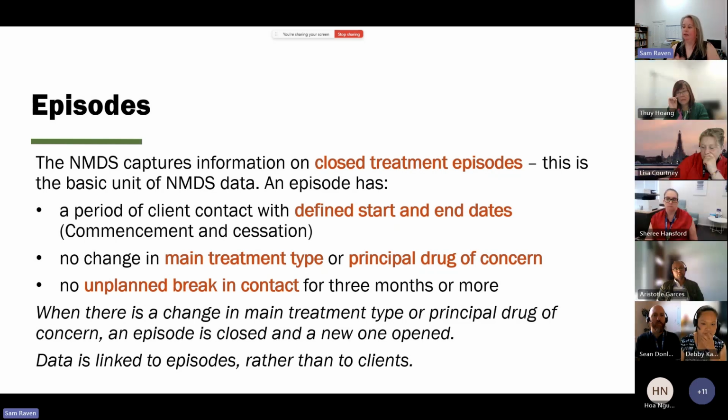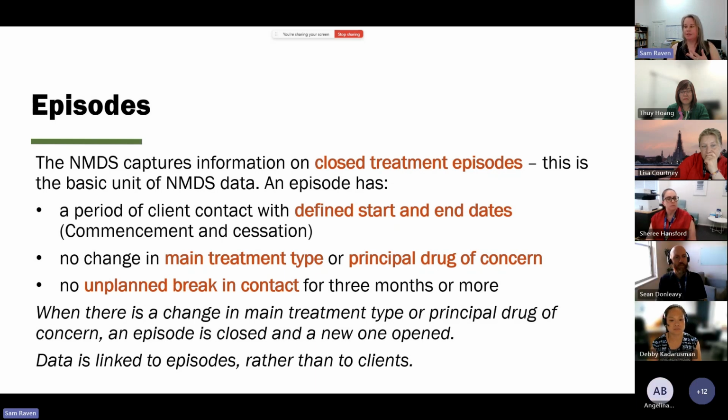So a closed treatment episode has a period of client contact that has a defined start and an end date. So it will have a commencement date and a cessation date. It will have had no change in main treatment type, principal drug of concern, or also not on the slide, treatment setting.